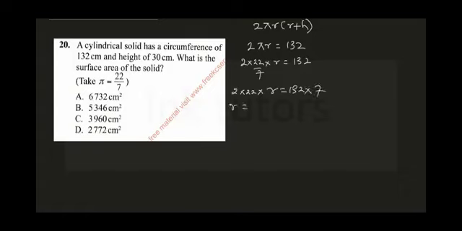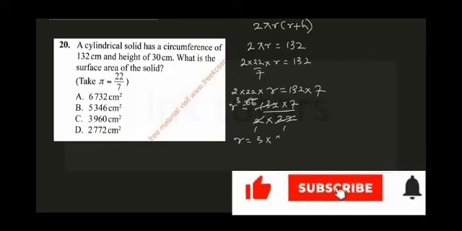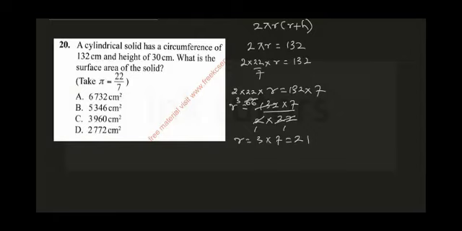Therefore, my r is going to be 132 times 7 all over 2 times 22. So now I'm going to divide. 2 in 132 will give me 66. 22 here will give me 3. So this is 3 times 7. Therefore, my r will be 3 times 7, and that's 21.